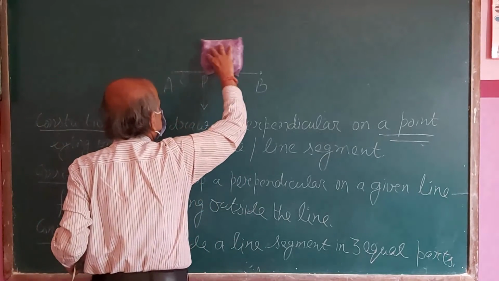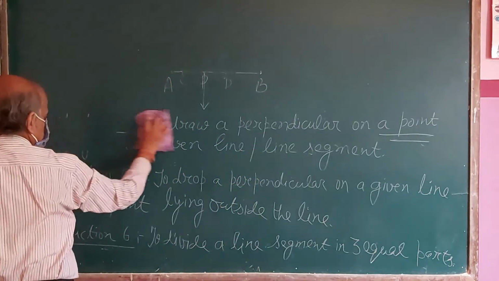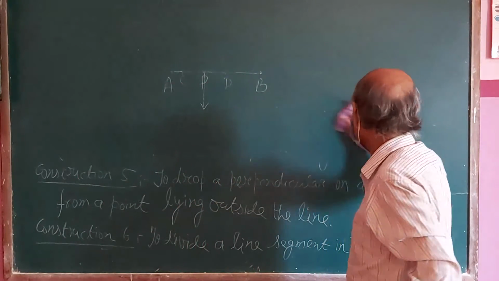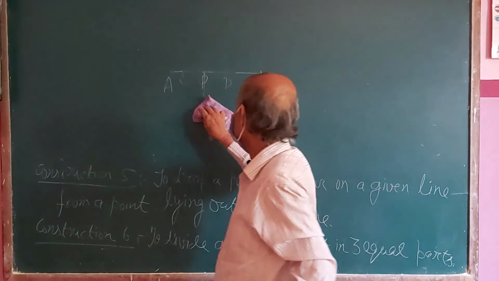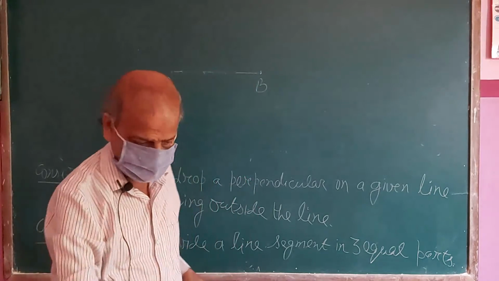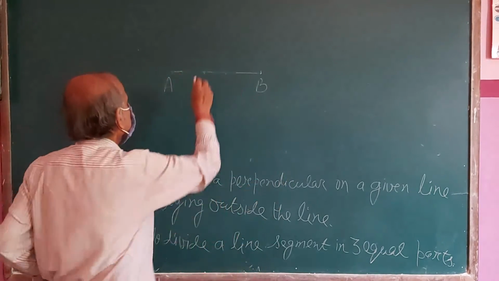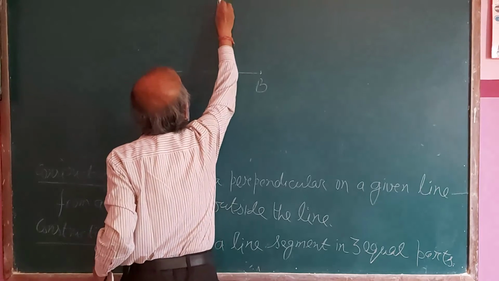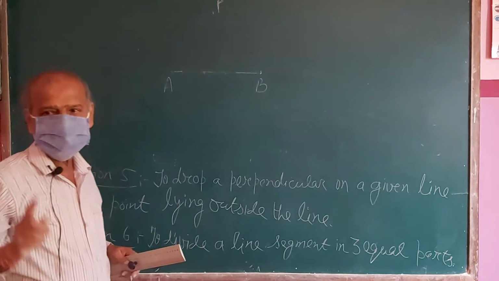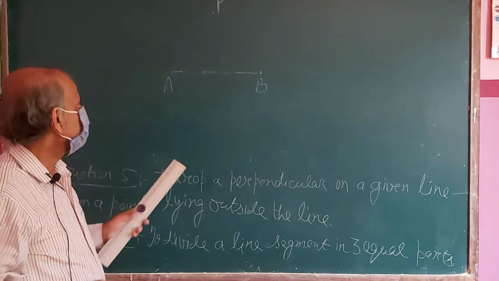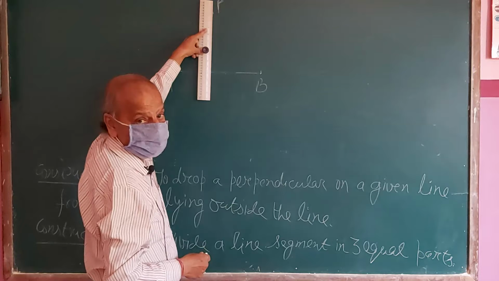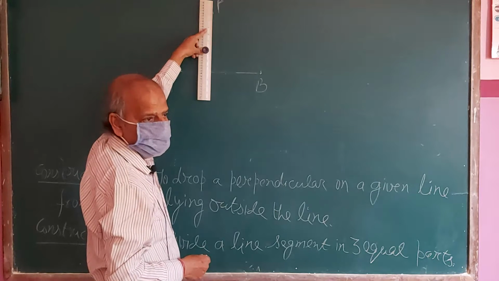Suppose this is my line AB. It may be a line segment also, but here my point is lying outside the line segment. Now, how can I drop a perpendicular on the line segment? That means we should rightly drop it, not arbitrarily, with the help of a compass. There is nothing like arbitrary guessing.